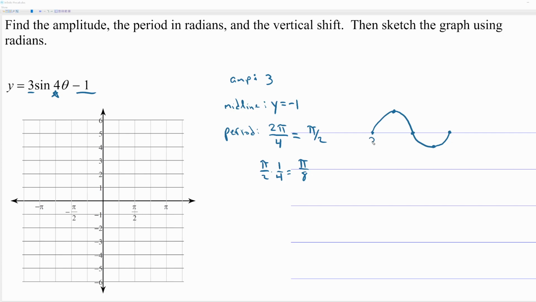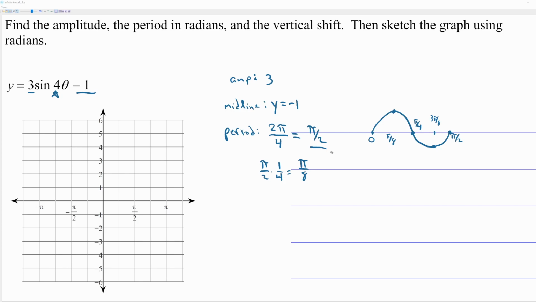So if we start at 0, and we'll do this on the graph itself in a moment, this first maximum is going to be at pi over 8, and then pi over 8 plus pi over 8, well, that's 2 pi over 8. That means this interesting feature is at pi over 4, and then this one is at 3 pi over 8, add another pi over 8, and then finally 3 pi over 8 plus one more pi over 8, that's 4 pi over 8, and guess what? We ended with one complete period.